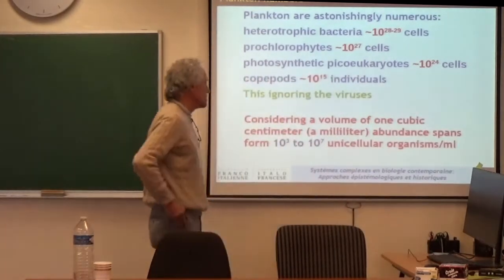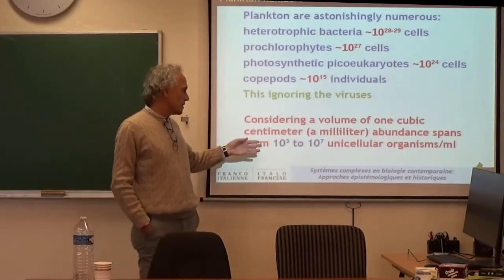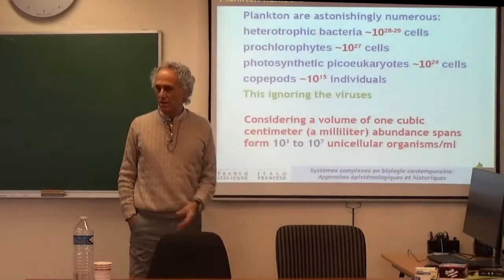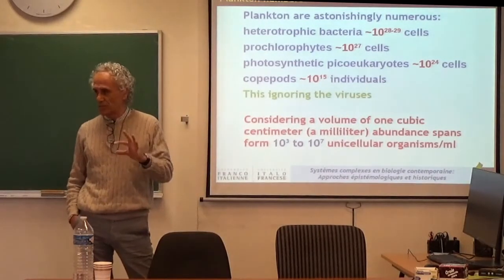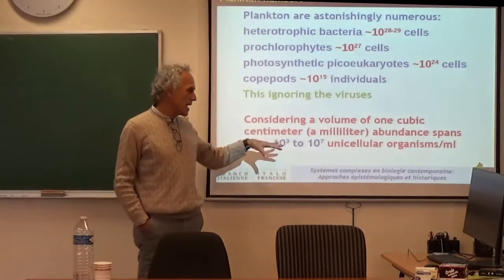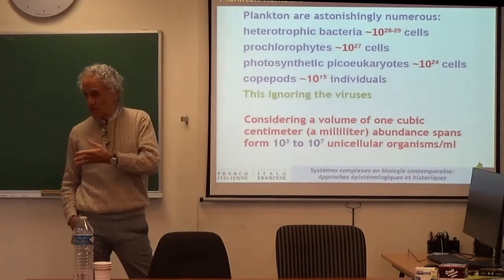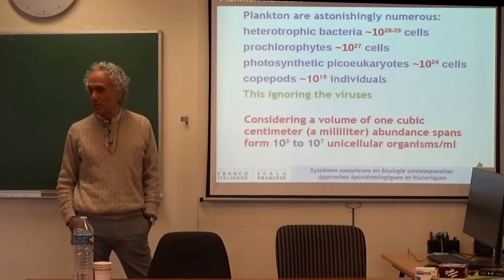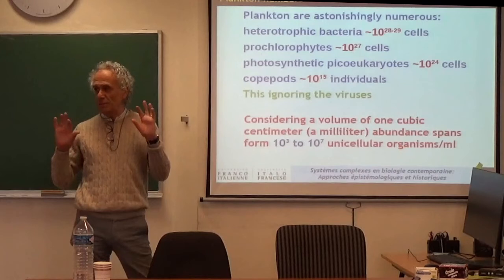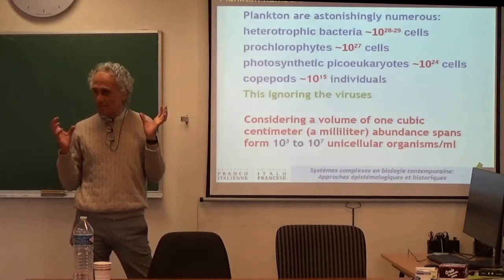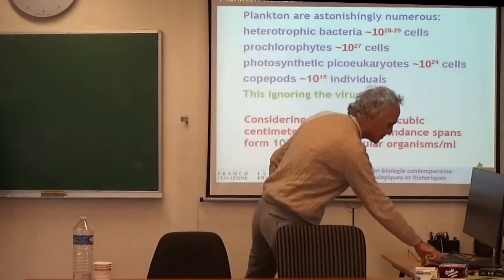And if you normalize for a unit volume, then we have 10^3 to 10^7 unicellular organisms per cubic centimeter. So in a milliliter, you have this kind of density. This is lower than the density you have in the soil, by one or two orders of magnitude, but still you have so many organisms that this would be, in theory, a very complex system because you have many, many agents that are potentially interacting.